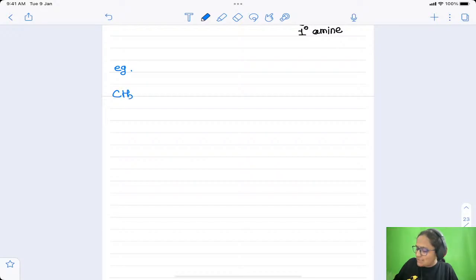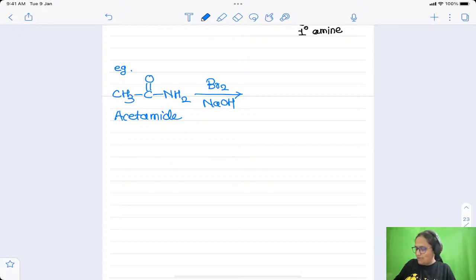It is CH3 C double bond O NH2, which is nothing but acetamide, and on the arrow Br2 and NaOH or KOH is written. So what will be the product? Very easy.